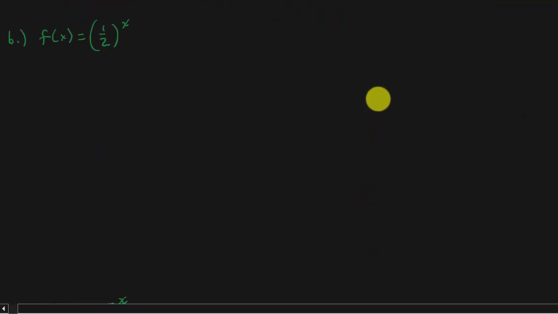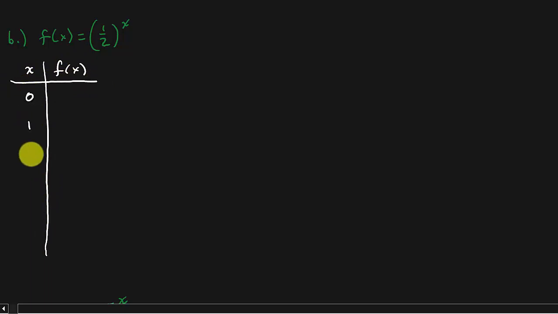Let's look at this. f(x) = (1/2)^x. So once again, let's make a table. I've got x, I've got f(x), and I've got 0, 1, 2, -1, -2. Pick my x values.